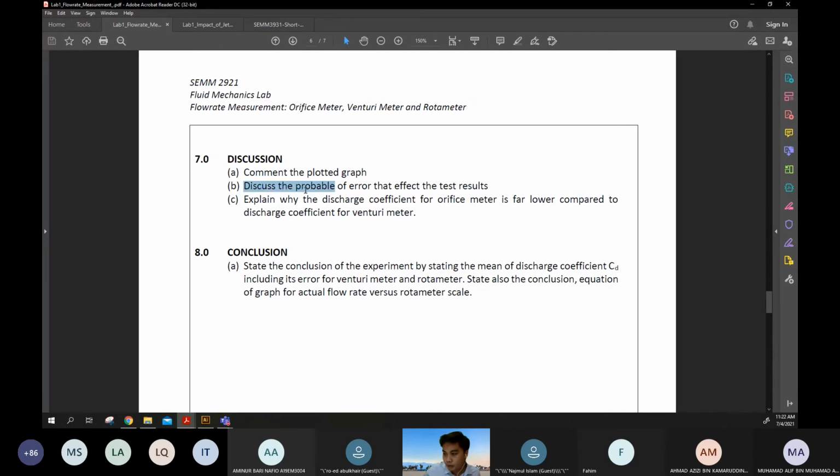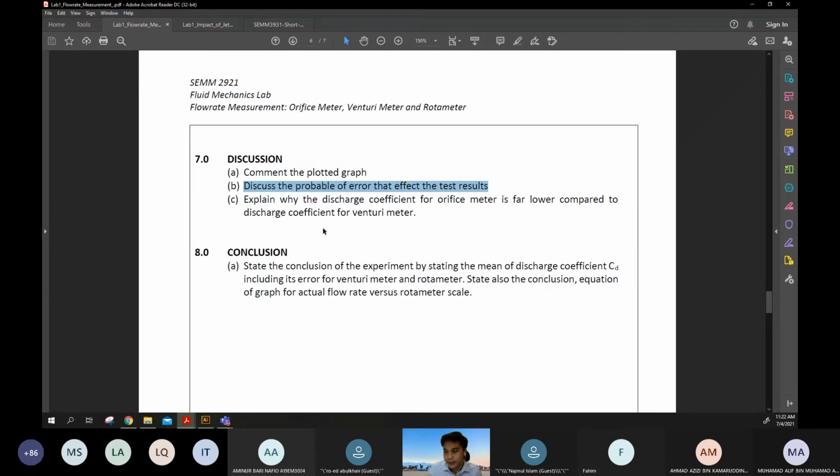And discuss the problem of error. You need to discuss why your result is not the same as the theoretical. Maybe because of error due to air bubbles, or the flow rate not being constant; you need to find it.